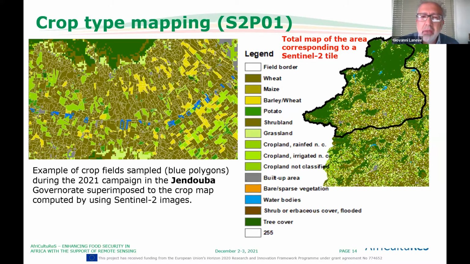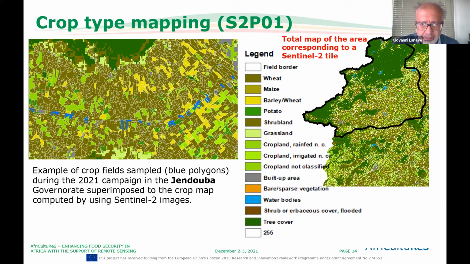I have to say that these crop maps are provided for Tunisia only for one of these areas presented here, in particular the Jedduba governorate. It is already provided for the full country for Rwanda and for other countries, Kenya and South Africa.